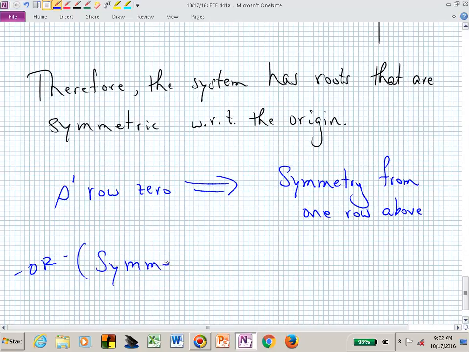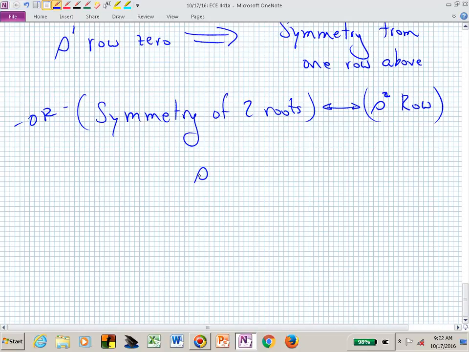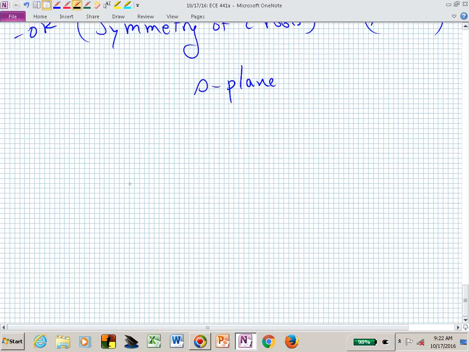Or that's really saying that we now have symmetry of 2 roots since one row above the S1 row is the S2 row. And if we are playing in the S-plane, how could we have symmetry with respect to the origin with 2 roots?